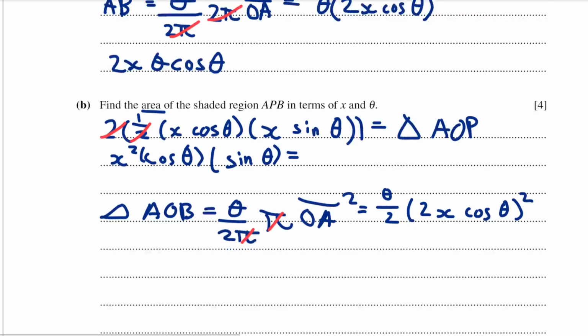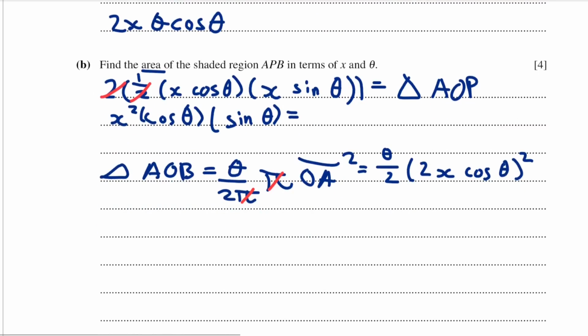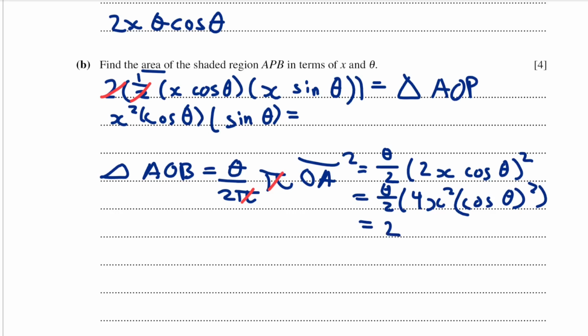Don't forget the square, it's very important, because when we square this, we get 4x squared times the cosine squared of theta, and we can put the squared outside for clarity. And the 2 over here will cancel out with the 4 over here, so we get 2 times theta times x squared times cosine of theta squared.